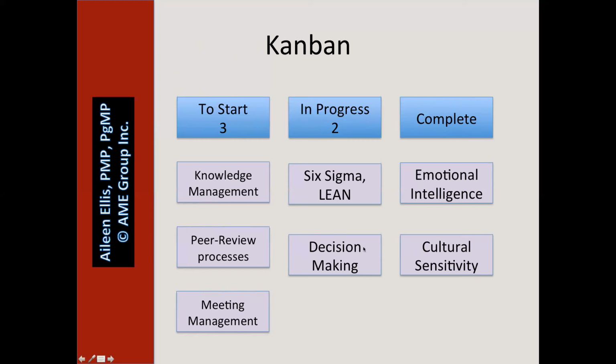Also, I'm working on the decision-making video. Towards the left, these are the next three videos I want to get started, but I'm not going to start them until I have finished one of these in progress and moved it to the complete column. Then I can take one of the items from the to start column and move it to in progress. For me, I only allow two items in progress at a time.